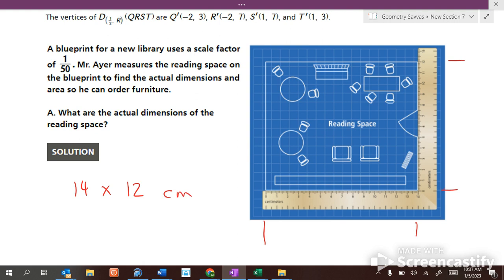If the blueprint is 1/50th of the actual size, what's the actual size? Will we multiply these numbers by 1/50th to find the actual size, or will we multiply them by 50? Which one would we multiply by to find the actual size? 50. That would only make sense, because the actual size wouldn't be that small.